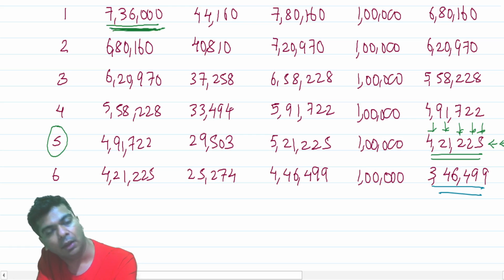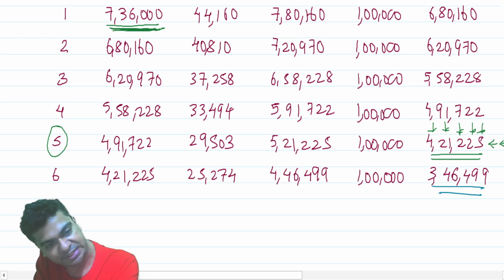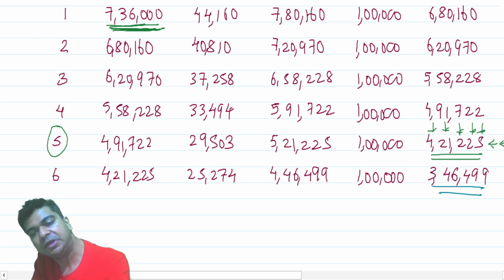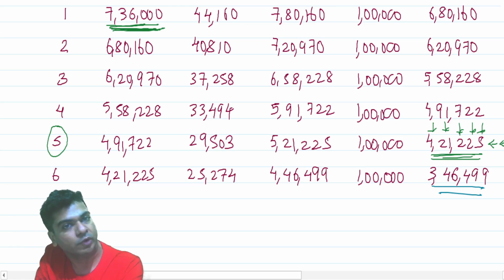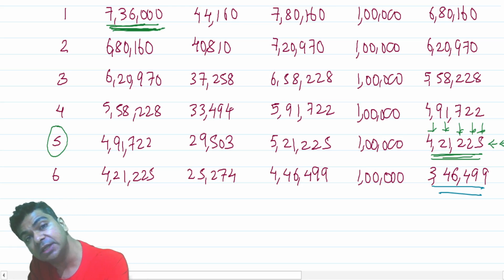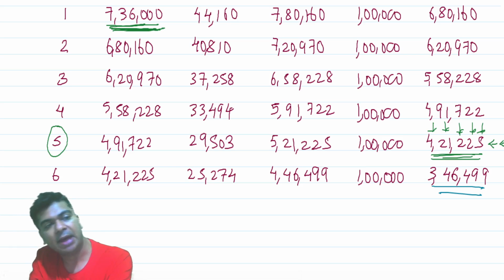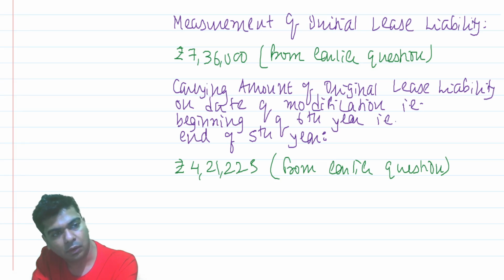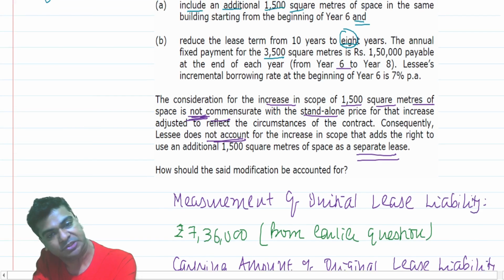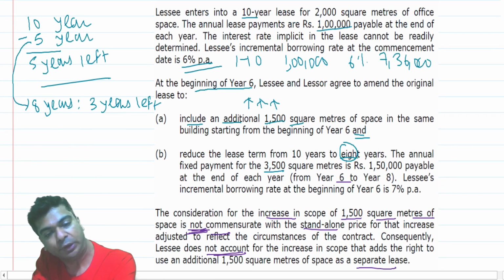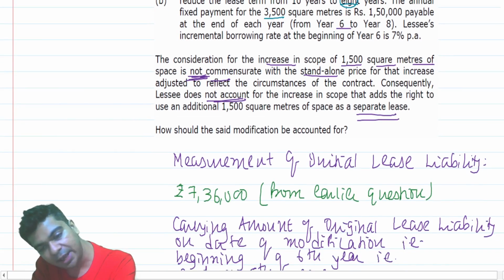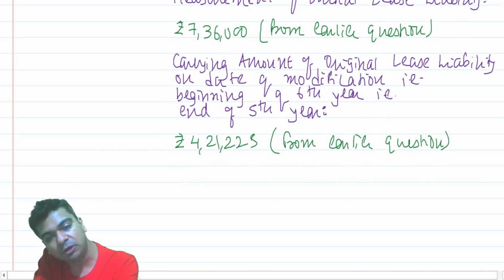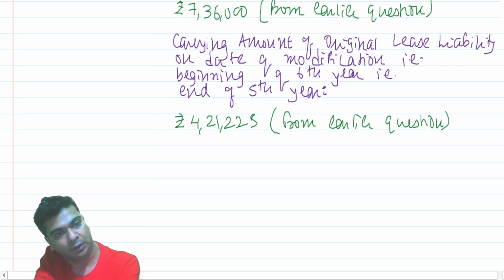We started the lease liability repayment schedule with 7,36,000 and we reached up to 4,21,225. So for the original lease, this is the balance. Originally you had 2,000 square meters, and for this 2,000 square meters your liability is 4,21,225.